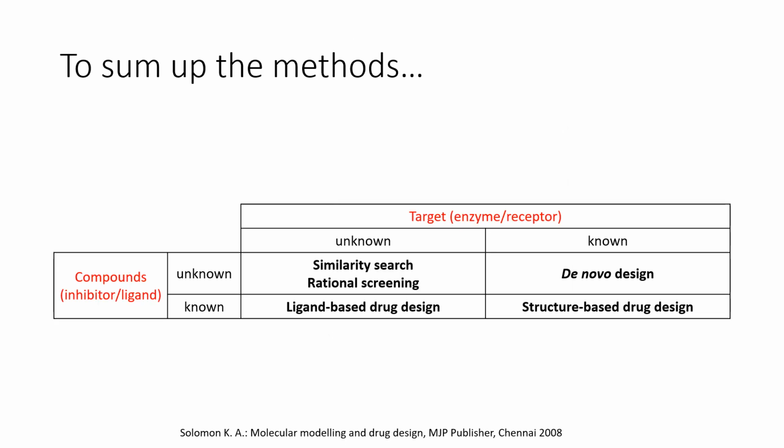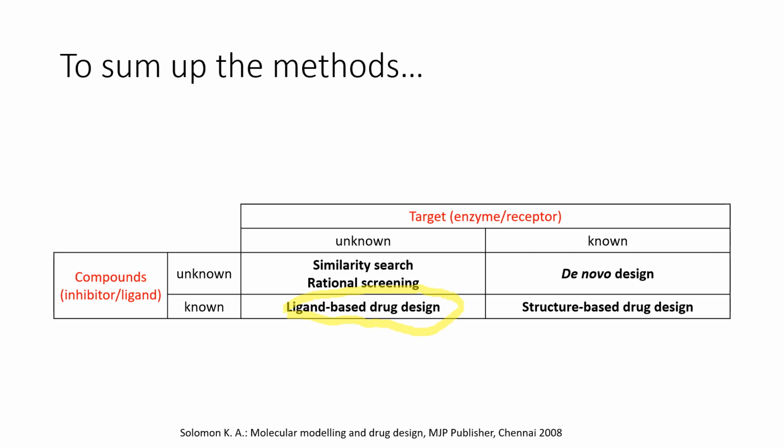At the end of the lecture, I would like to sum up the methods. So we can know the target, or we do not know the target of the ligand or the inhibitor. In this case, we have to use ligand-based drug design if we know the active compounds.